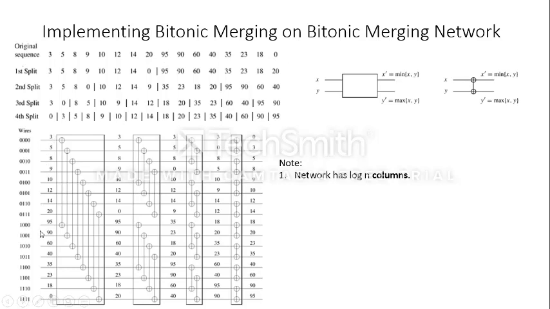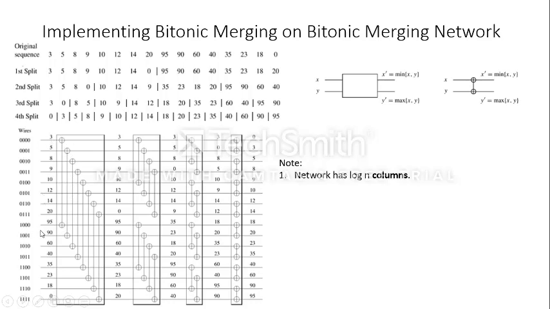In order to compare these values, the value 3 is compared with the value 95. This is the input x, and this is the input y with respect to the comparator. So it is the circle plus comparator notation here, and the circle plus comparator notation here.